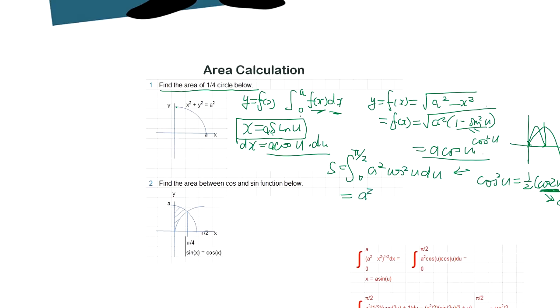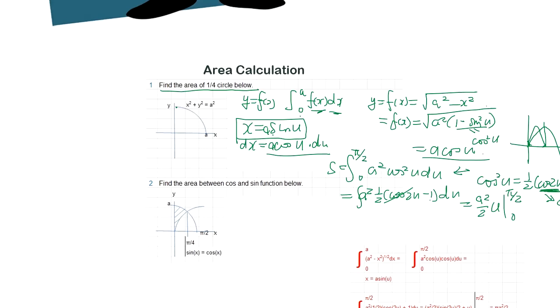Okay, so this is going to be a squared times 1 over 2 times the integral of cos 2u plus 1 du, right? Now this part we can forget about, so it's just simple u, a squared u, from 0 to pi over 2, right?